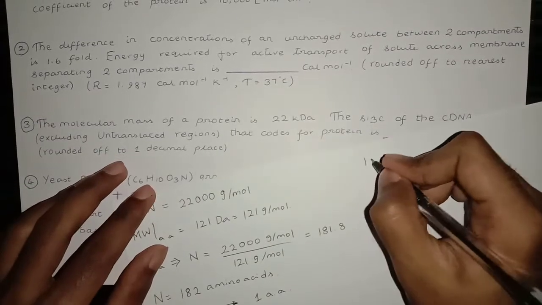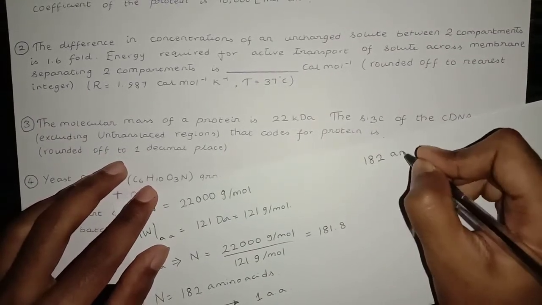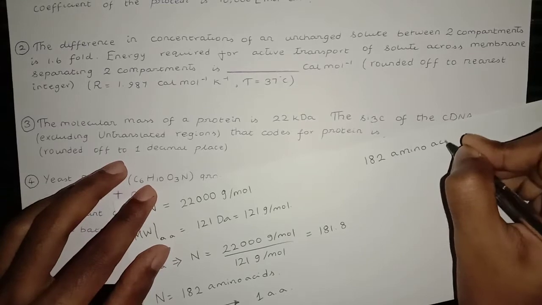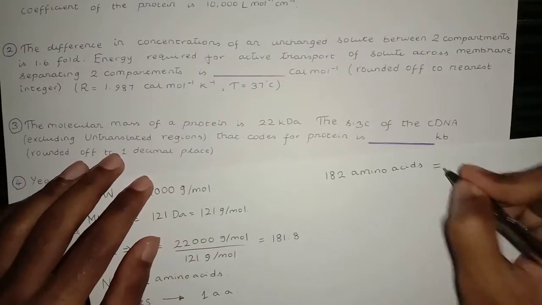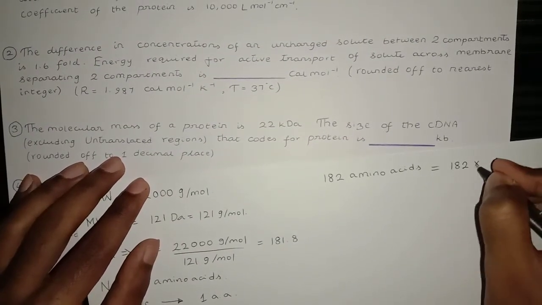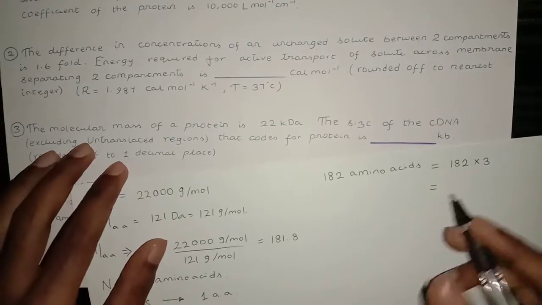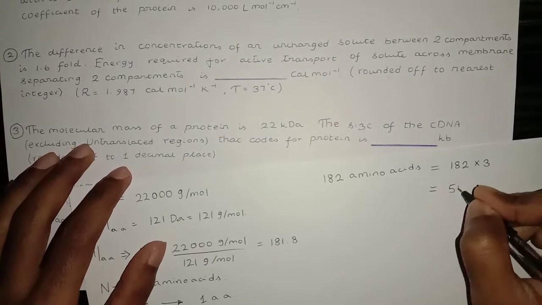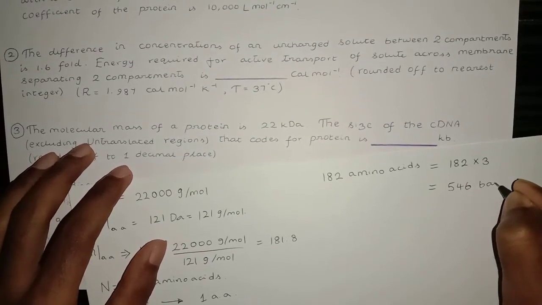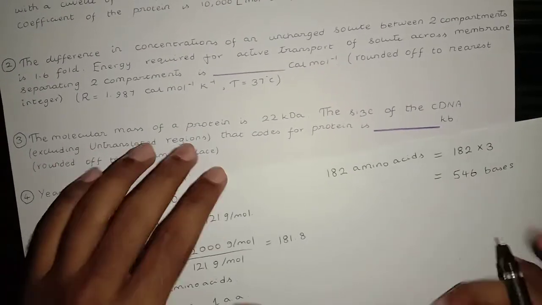So therefore, for 182 amino acids to be encoded, we need 182 times 3, which is equal to 546 bases or nucleotides.